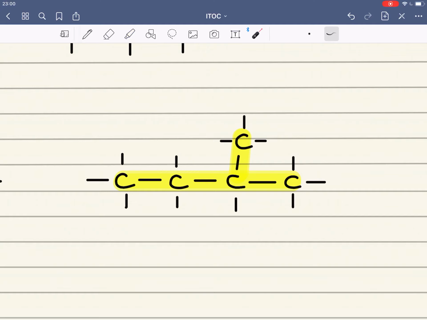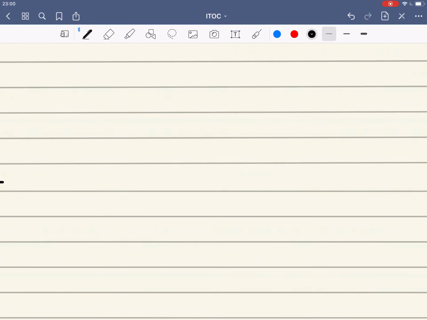Of course, if the methyl group here was on this carbon, then it's still methyl butane. You've just flipped the molecule around. The third and final way in which this carbon chain can arrange itself is as follows.